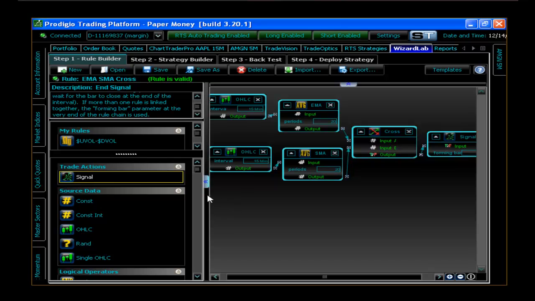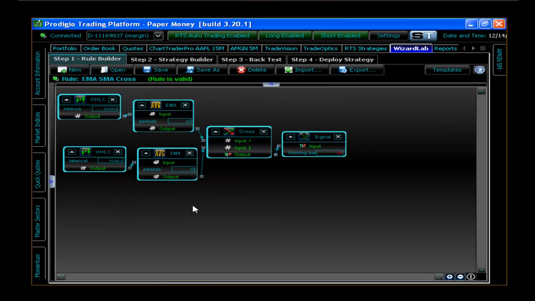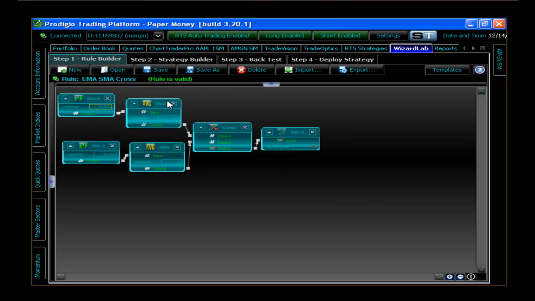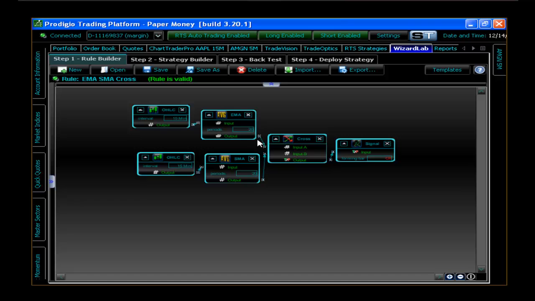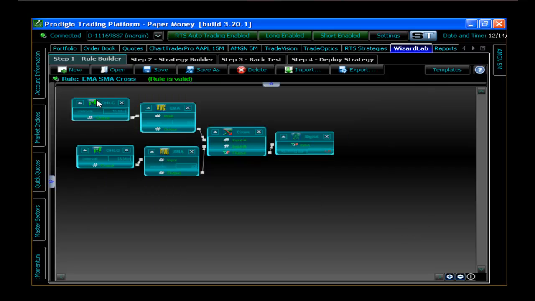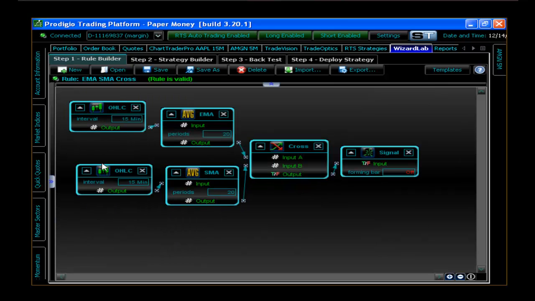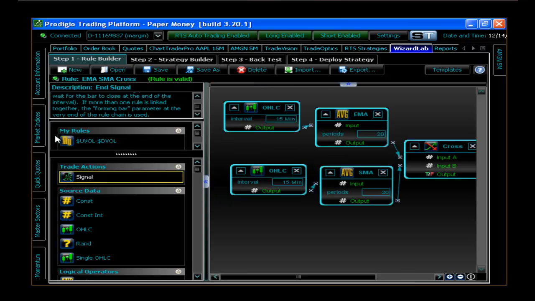And so I can zoom out and get a bird's eye view of the rule. This is a drag and drop canvas, so I can move things around. I can collapse things to give myself more space on the canvas, etc. But the general idea of working with Wizard Lab is that you're connecting a series of outputs into inputs, and you're wiring the studies that represent both technical analysis and logic together.